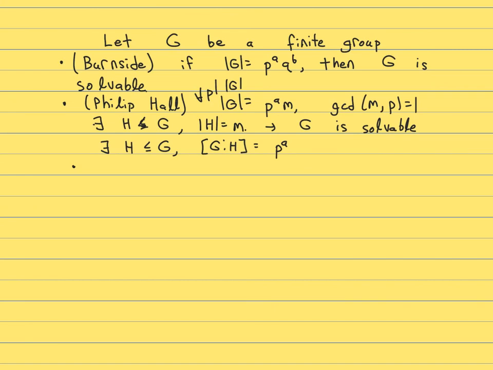Finally, there's the famous Thompson theorem. This one is famous for taking 255 pages in a research journal. This is also known as the Odd Order Theorem. This says that if the order of G is odd, then G is solvable.